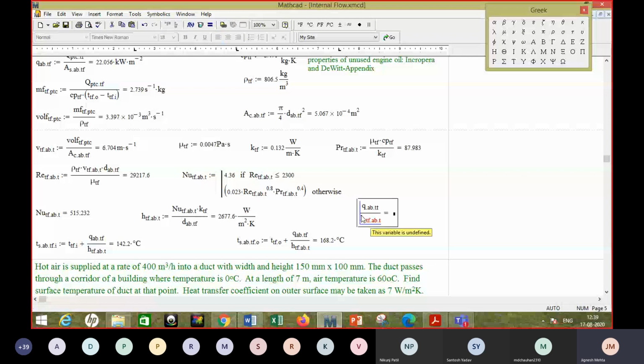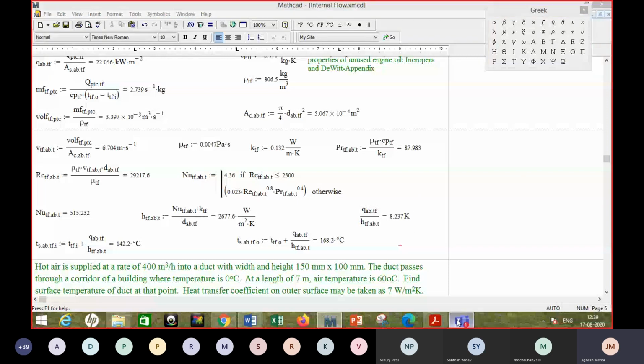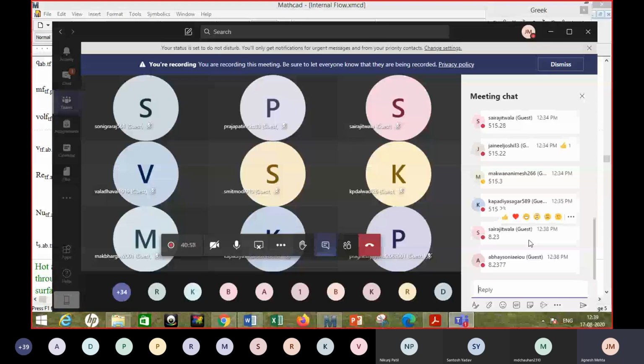So this delta T is 8.237, right? So the answer given here is correct, right? So Sairaj and Abhay, your answers are correct. Good.